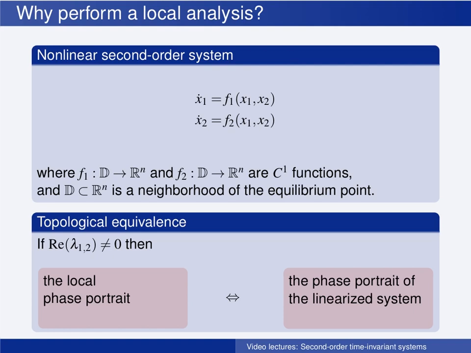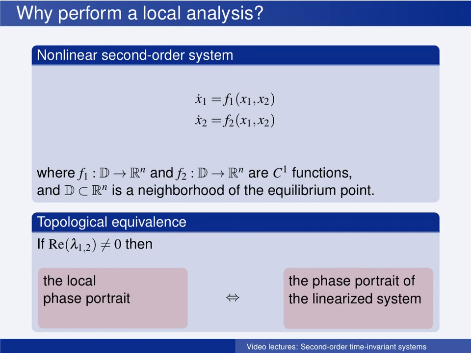In other words, in a small neighborhood of the equilibrium point, we can approximate the behavior of the nonlinear system by the behavior of its linearization about this equilibrium point. So, close to the equilibrium point, the phase portrait of the nonlinear system will resemble the phase portrait of the linearized system.